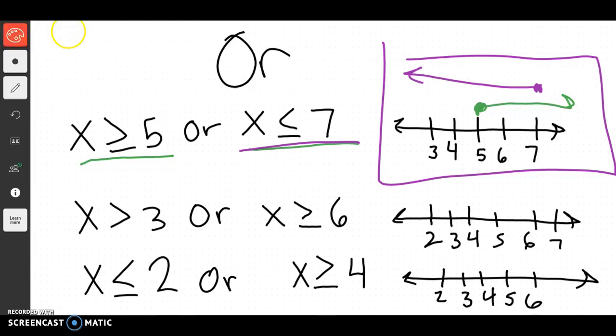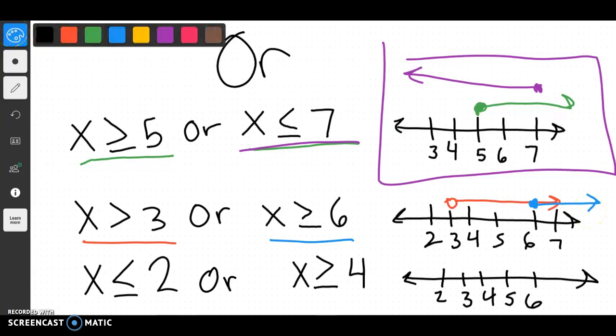Let's look at this one. So we got this and this. Again, I would do the same thing. I'd go x is greater than 3, so I'd make an open dot and have this one go this way. I'd have 6, this is less than 6, so I'd do a closed dot and have them go this way. So my answer would be this right here.